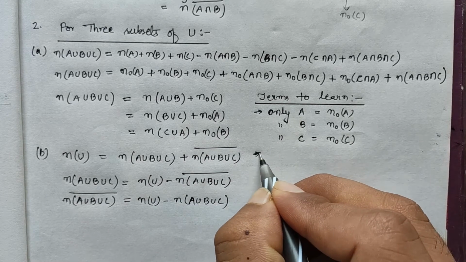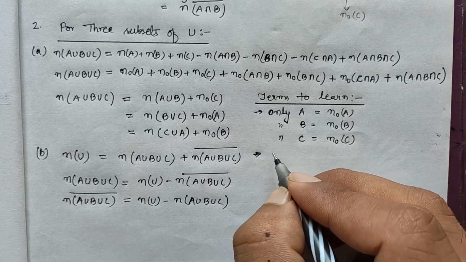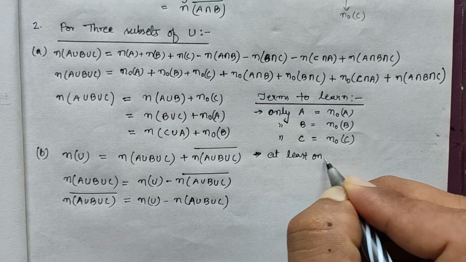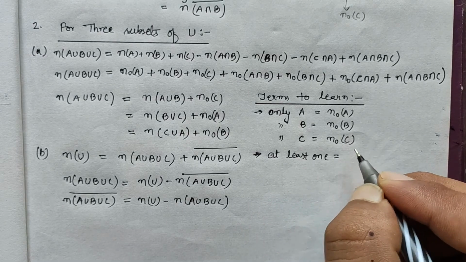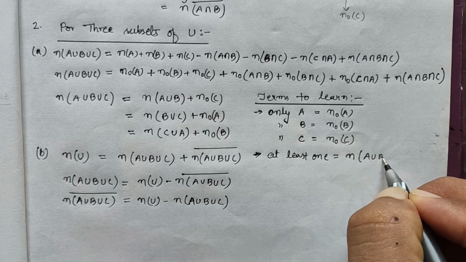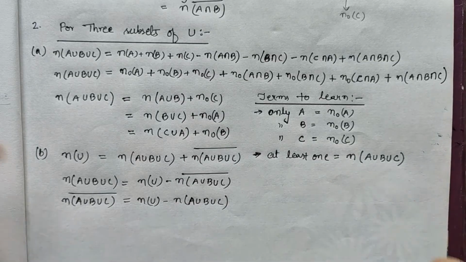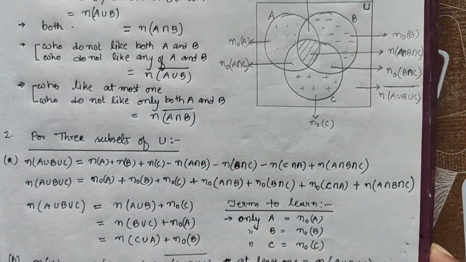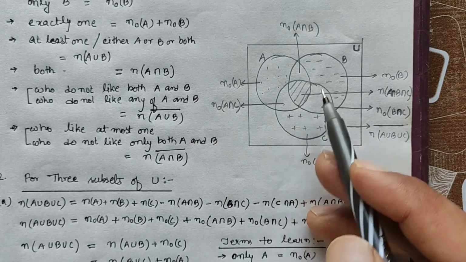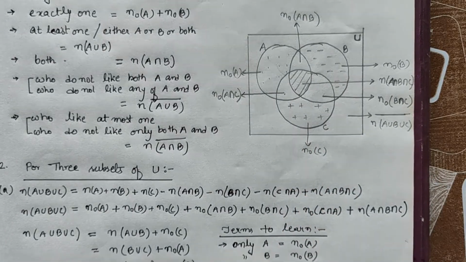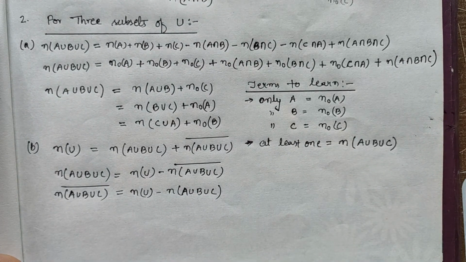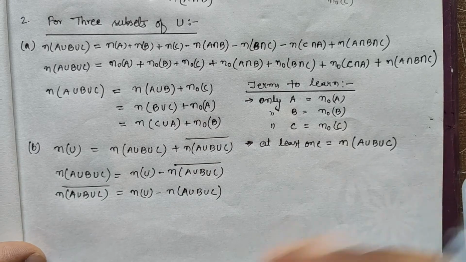And when the question asks you to find at least one, you have to find n(A union B union C). So in the figure, if you see, at least one means all of them have at least one, so A union B union C will be found at that time.